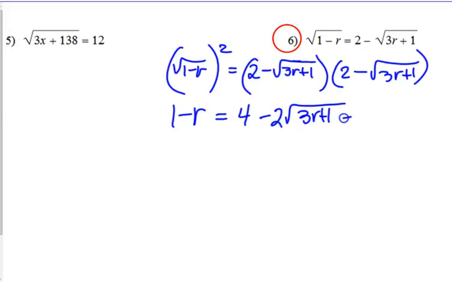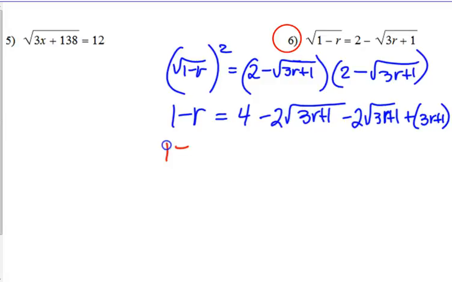Inside 2 terms gives us another negative 2 square roots of garbage. That's supposed to say square root of 3r plus 1. And then this garbage times this garbage. Well, yes, it's squared, so we just get 3r plus 1. The parentheses don't matter.